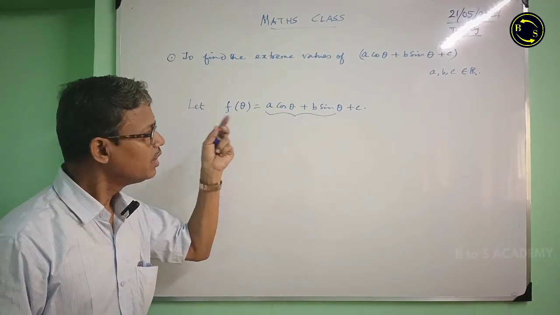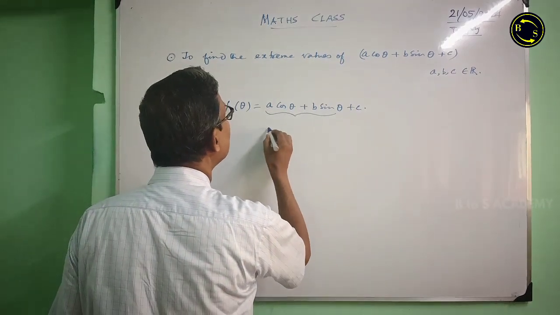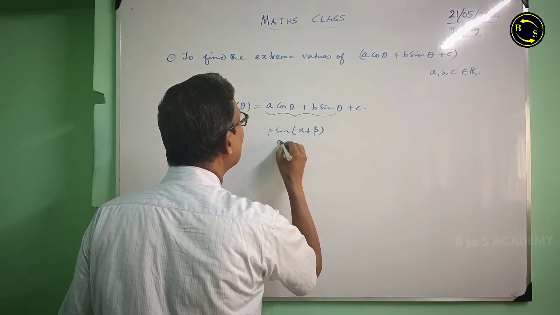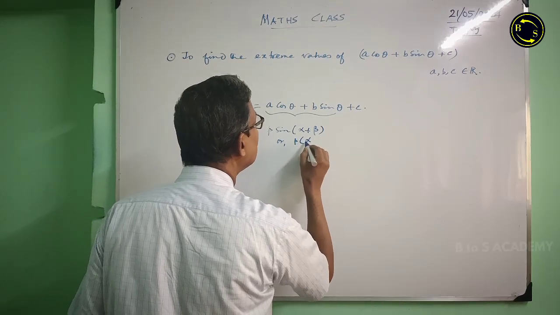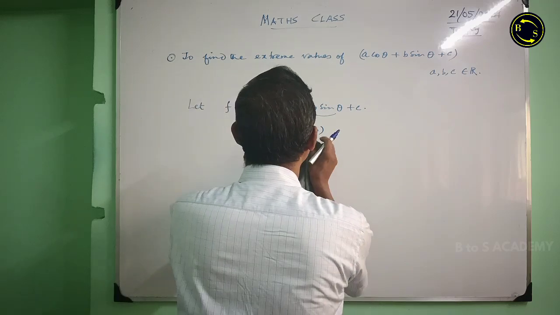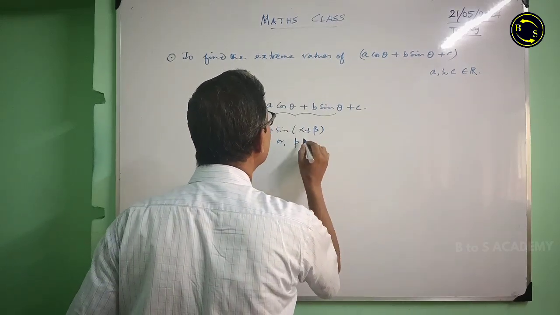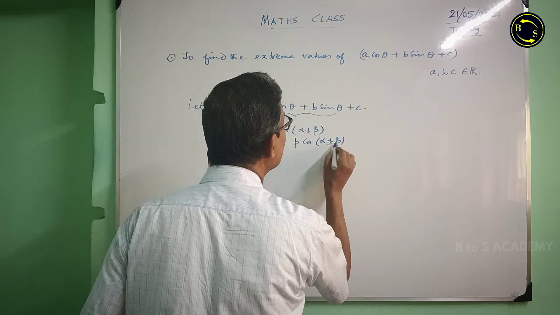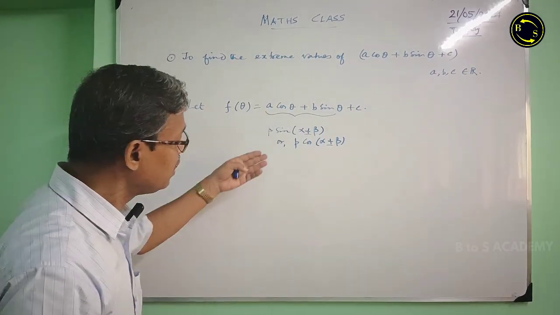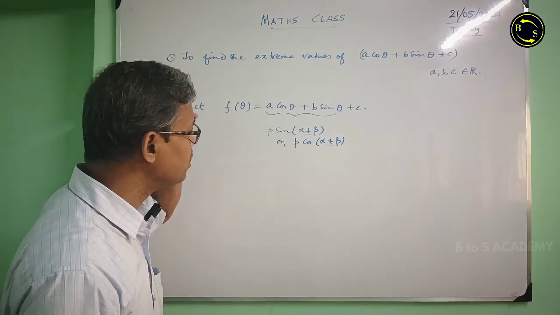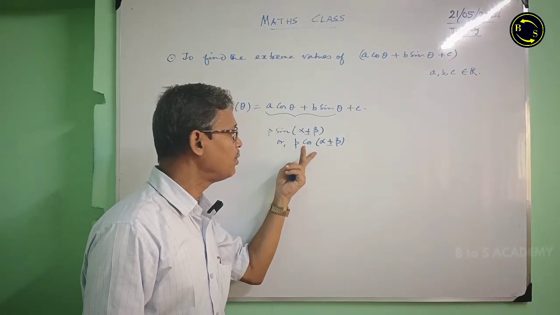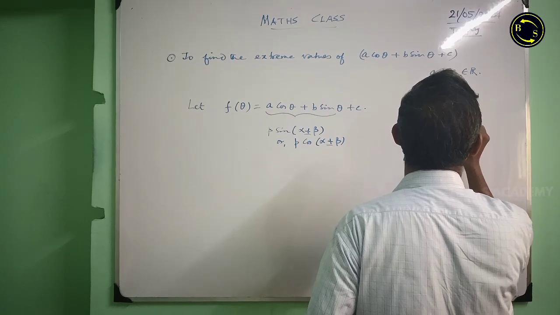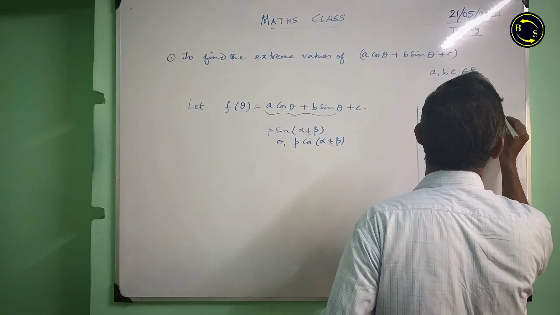If we can express this part in the form, say, p sine of alpha plus beta, or p cos of alpha plus beta, or p sine alpha minus beta, p cos alpha minus beta, then we can easily say the extreme values, as we have learned earlier: minus 1 less than or equal to sine of theta less than or equal to 1.